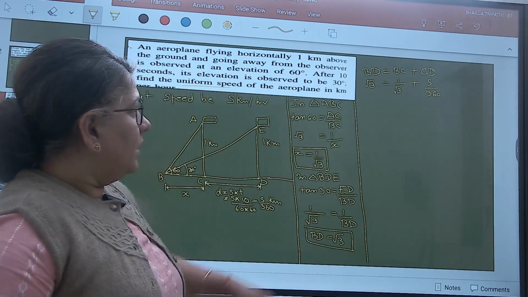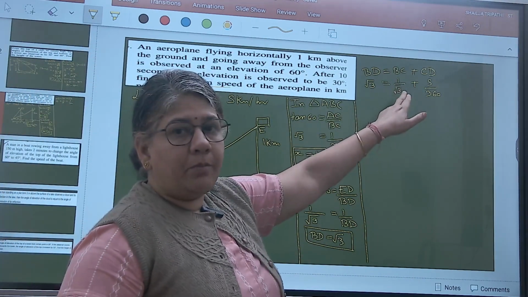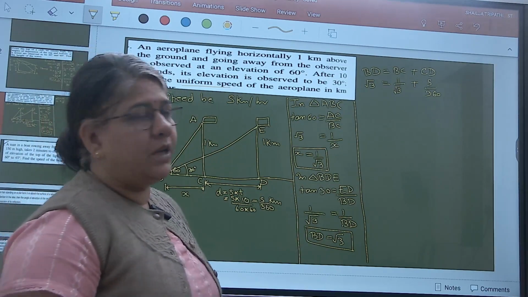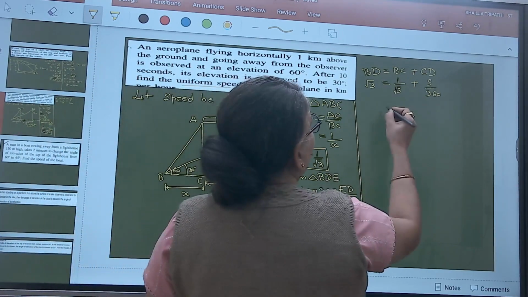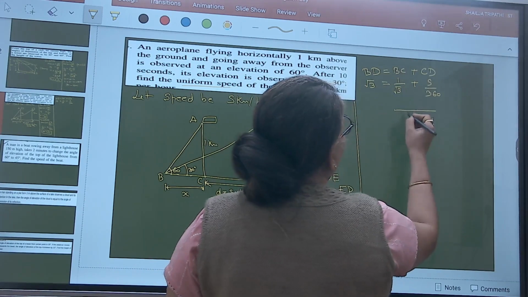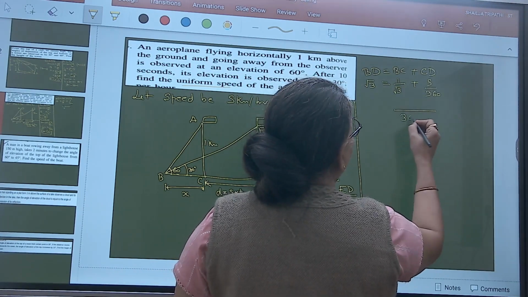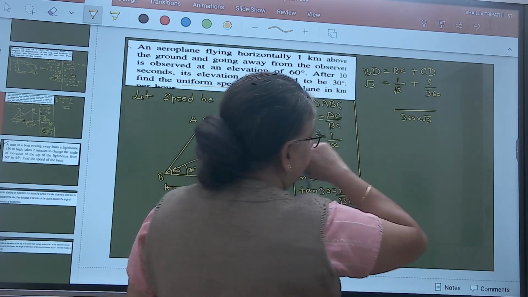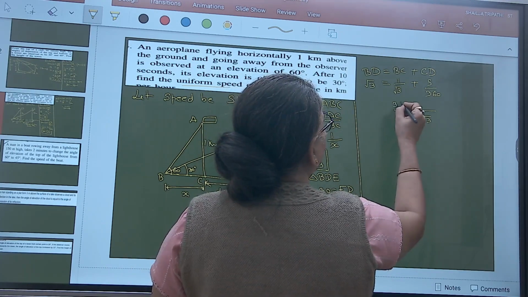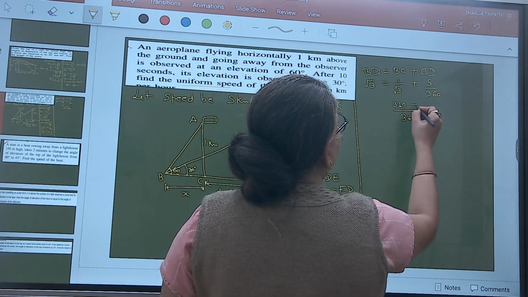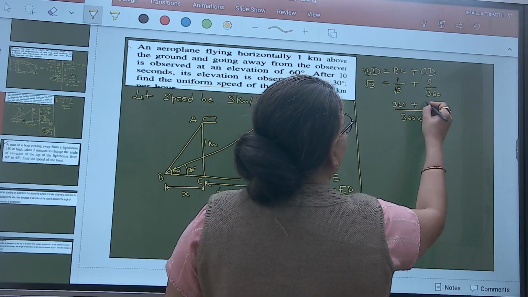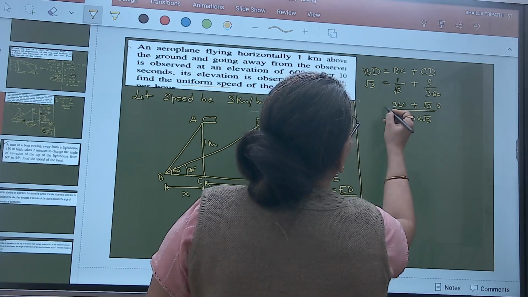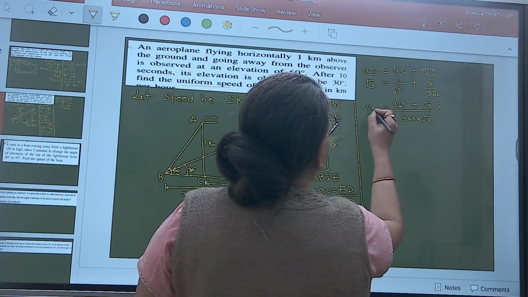See, we can rationalize this number 1 upon root 3 and solve it, or otherwise without rationalization also we can solve it. See, LCM will be 360 into root 3. So what you get here, 360 plus root 3 s is equal to root 3.